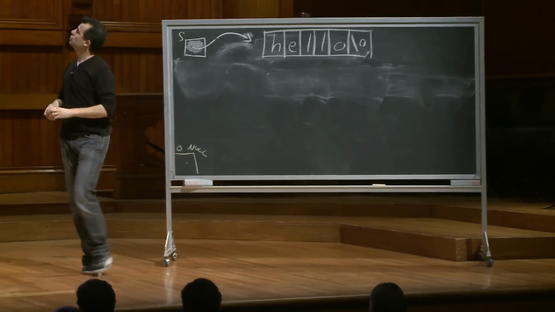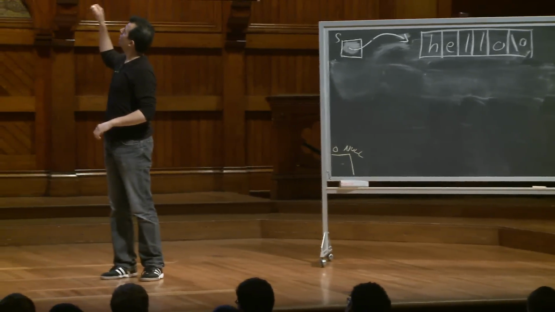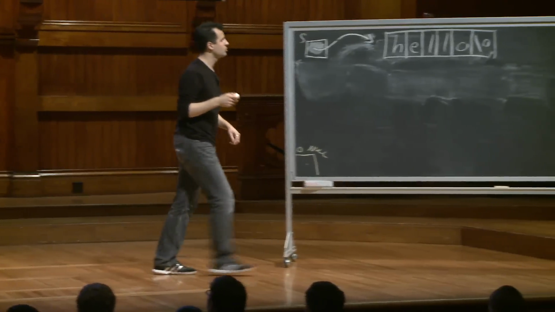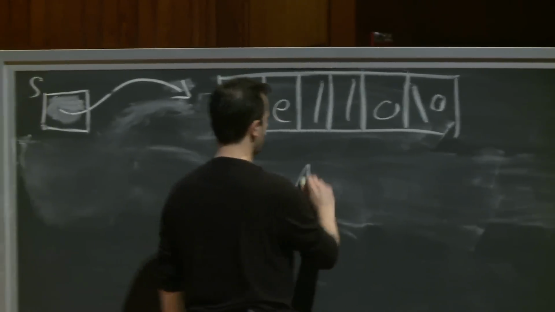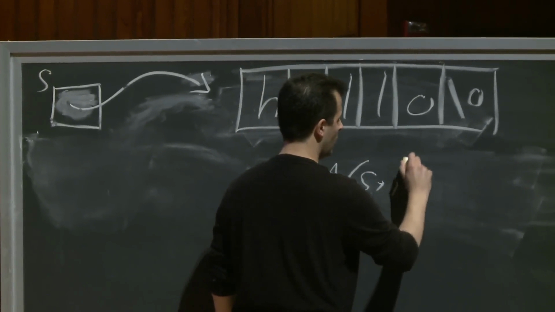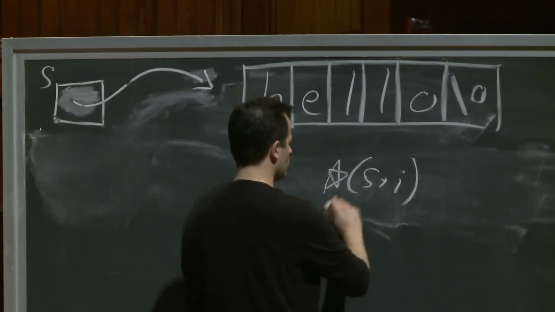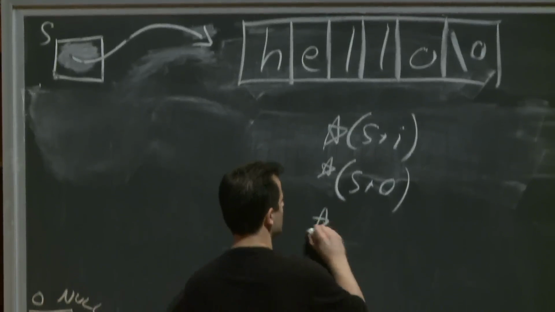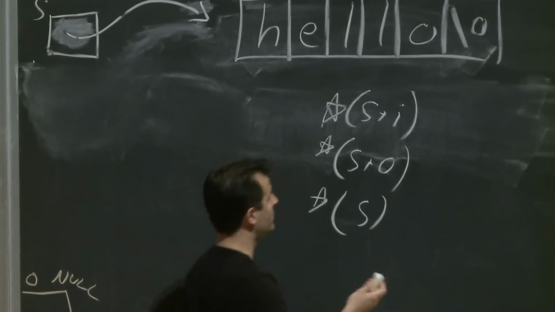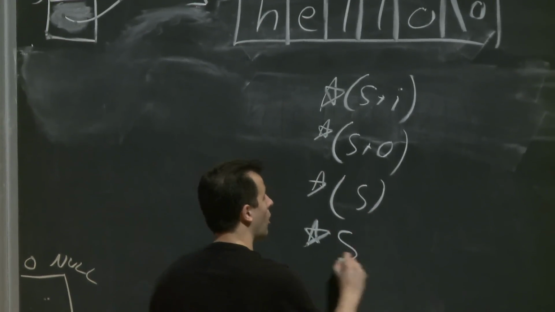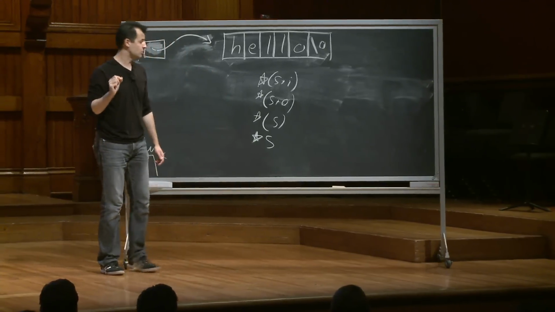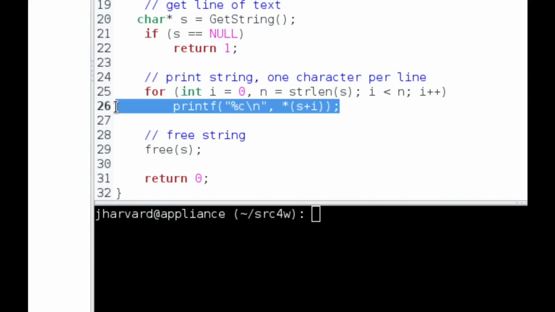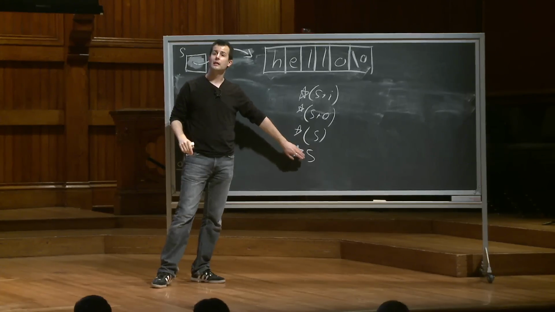Well, if I now do a line like star s plus i, let's try this out. So star s plus i, well, let me simplify this because i is 0. So this is star of s plus 0. Well, wait a minute, simplify further. This is star of s. Well, now the parentheses are kind of stupid. So now let's just do star s. So in the first iteration of this loop, that line that's highlighted, 26, is pretty much equivalent to printing this.